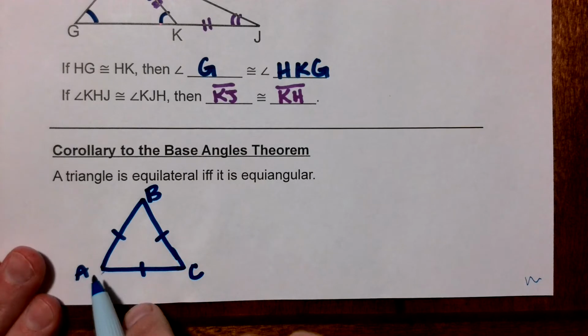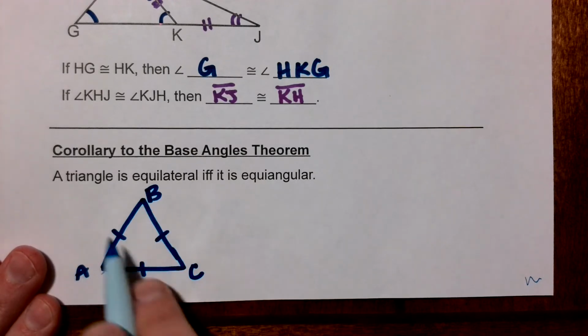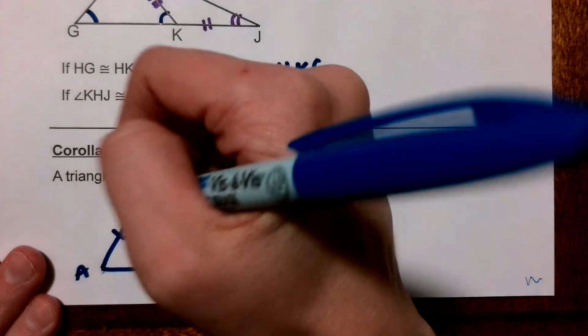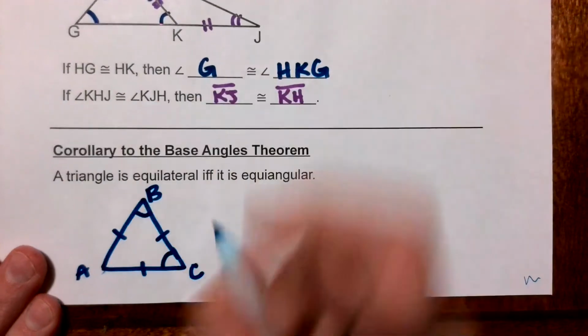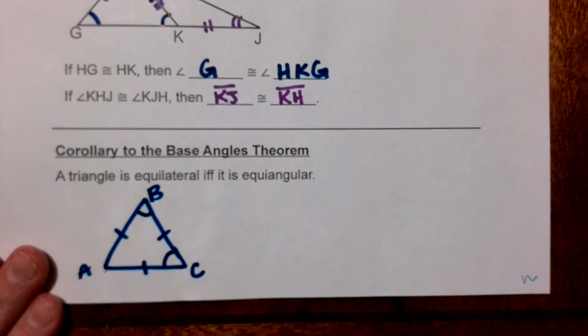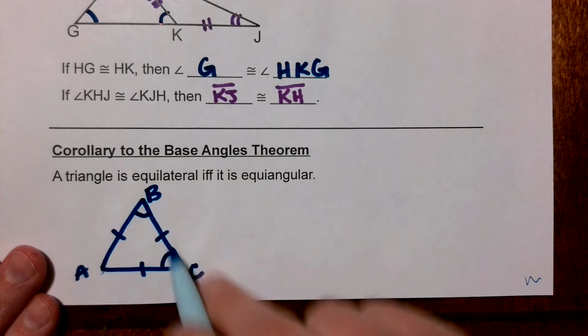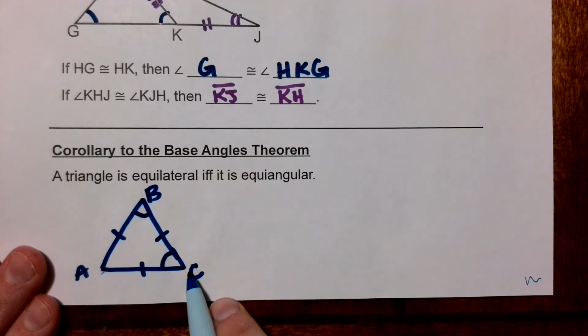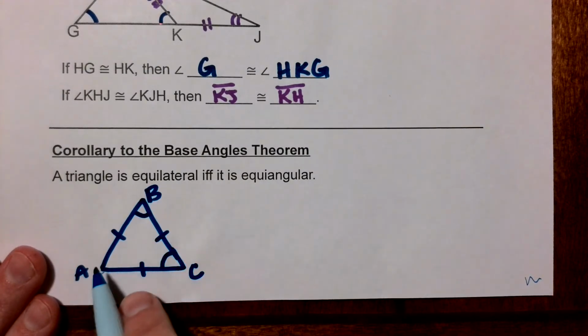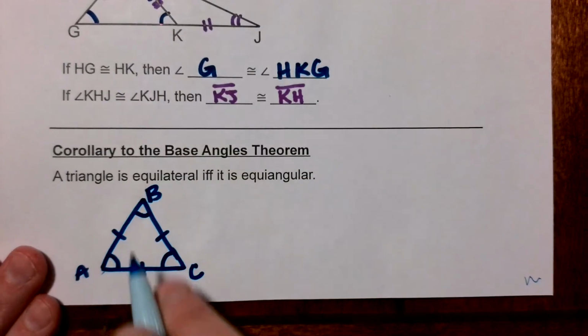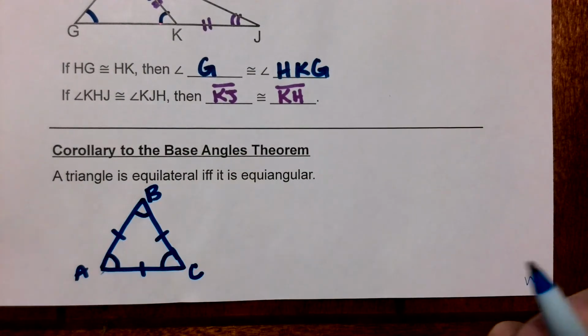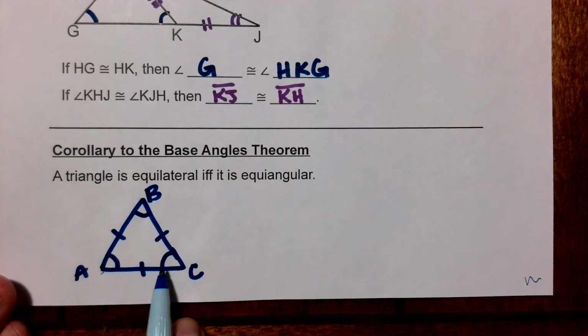If I'm looking at my sides AB and AC, they're congruent to each other, so the angles opposite them are congruent, so B would have to be congruent to C. If I look at sides BC and AC, the angles opposite them have to be congruent, so angle A would have to be congruent to B. And then we could do it a 3rd time and look at angle A having to be congruent to angle C. We end up with all 3 angles being equal to each other based on the base angles theorem, just using it more than one time.